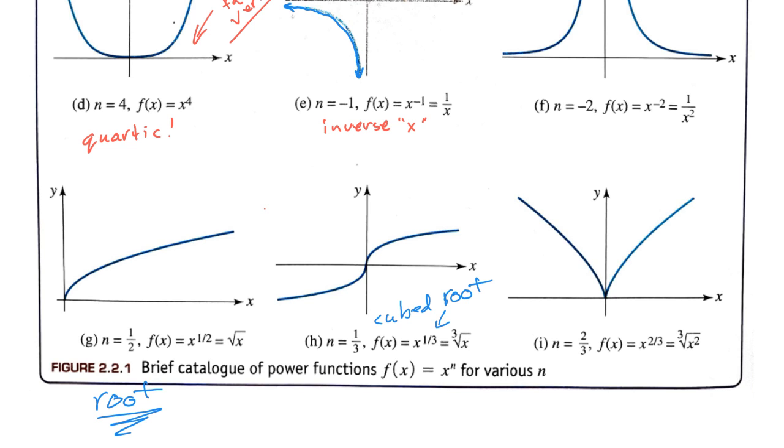And this last one is the third root of x squared. You'll never really see something like this in the real world. I'm only showing you this right now because you might see one on your homework.